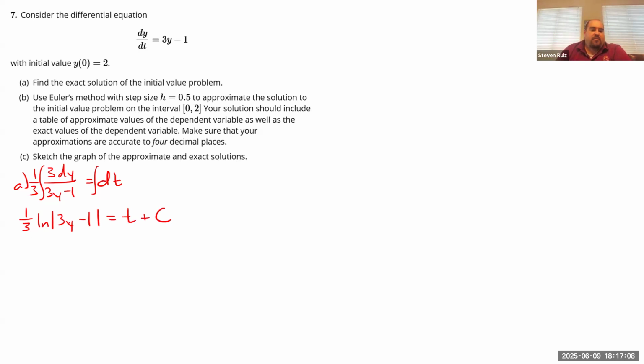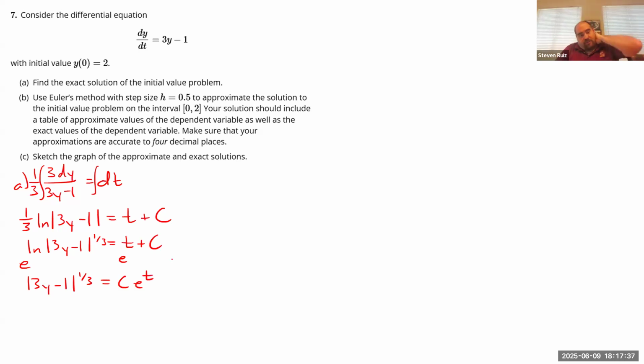I'm going to move the 1/3 up. So natural log of the absolute value of 3y minus 1 to the 1/3 equals t plus c. Now that I've moved that 1/3 up, I can exponentiate both sides. So now I get 3y minus 1 to the 1/3 equals essentially c e to the t.